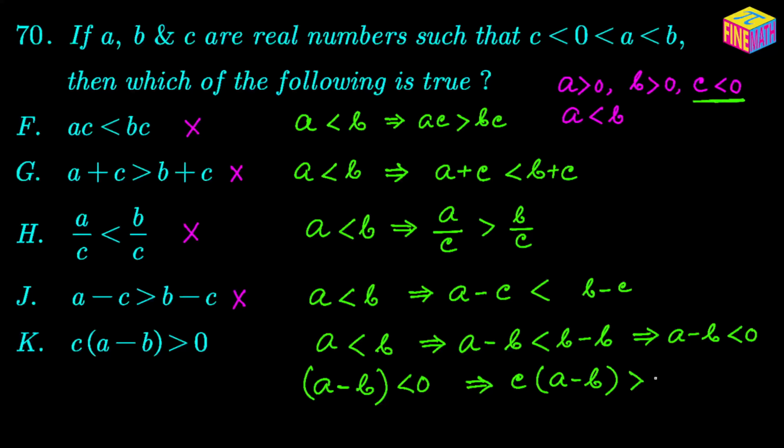It will become greater than 0, because 0 times C would be 0 anyway. So on the right hand side I am just keeping 0, but on the left hand side A minus B is already a negative number, and then we are multiplying by another negative number, which is C. So the product of 2 negative numbers will obviously be positive. So this is our answer, and this is actually the correct one, right? And if you look at our answer options, obviously option K is the correct option.